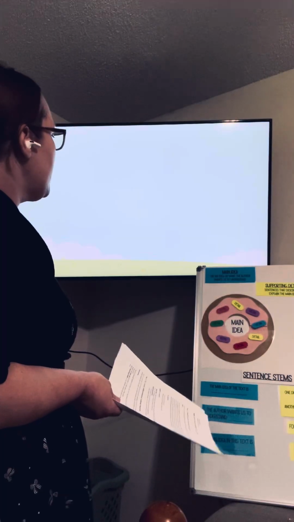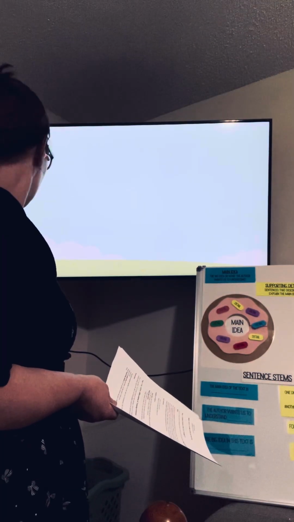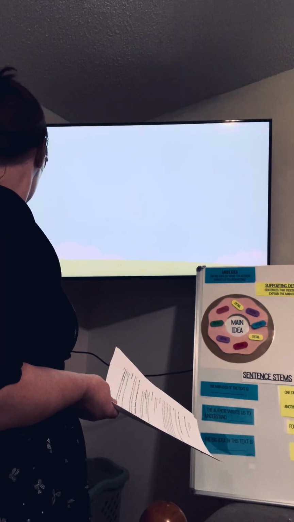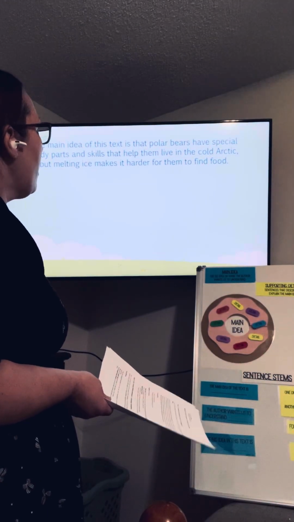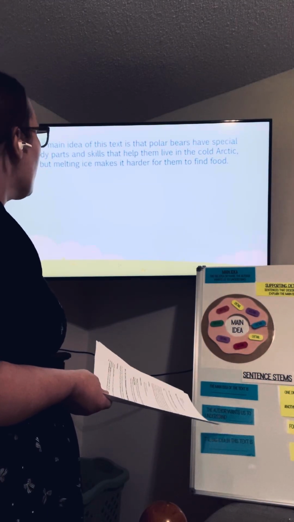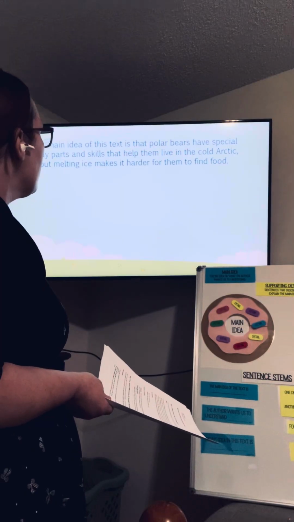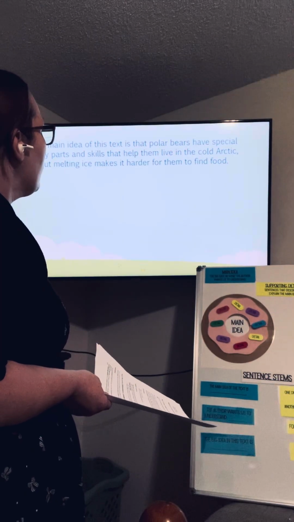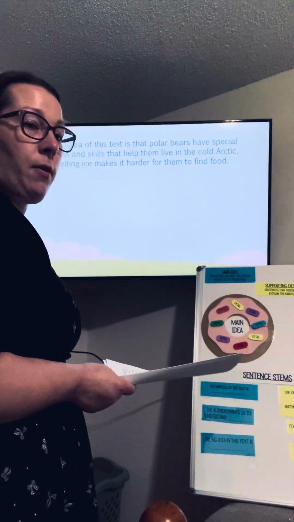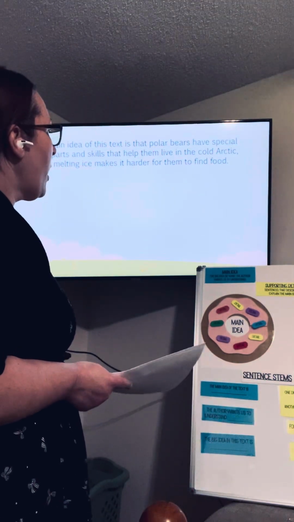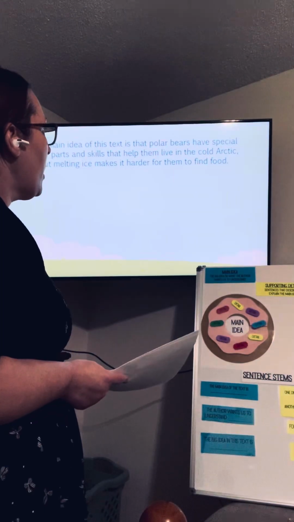So our first sentence: the main idea of this text is that polar bears have special body parts and skills that help them live in the cold Arctic, but melting ice makes it harder for them to find food. Okay, so that is our main idea.